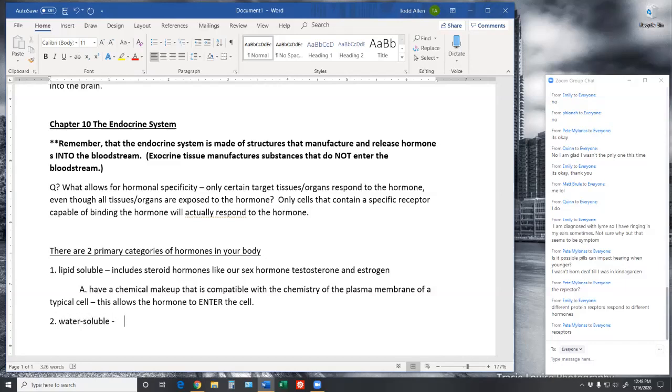Water-soluble hormones are basically hormones that are made of amino acids or small chains of amino acids, which we call polypeptides, basically tiny proteins. So water-soluble hormones are made of amino acids or small proteins, which you know are chains of amino acids.